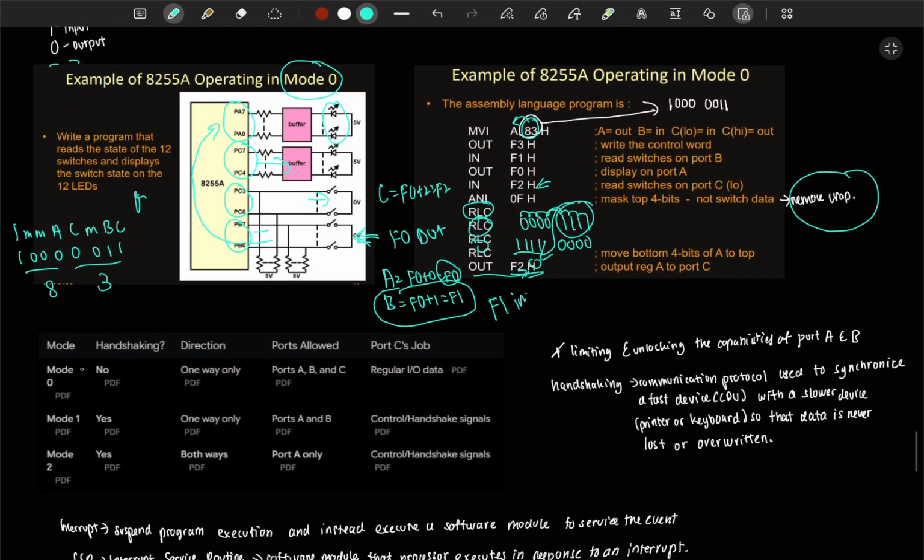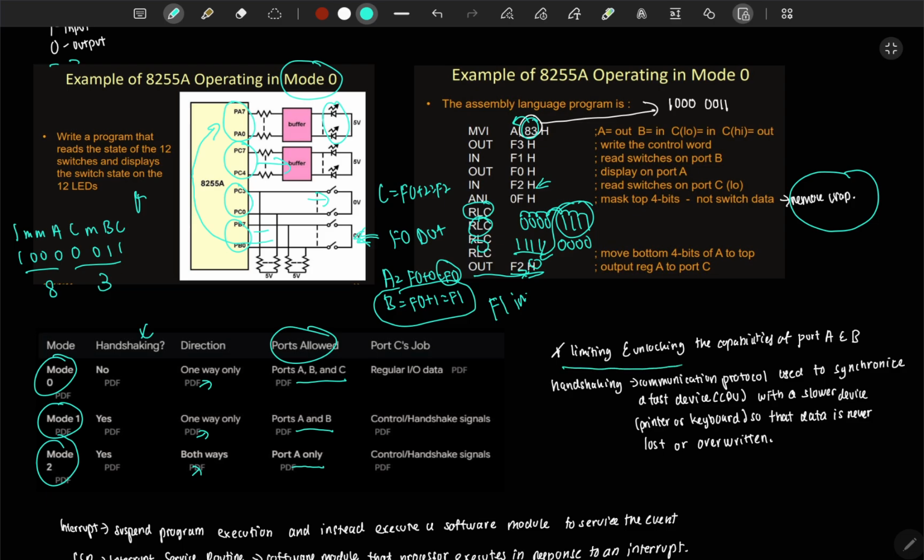Now, what is the difference between mode 0, mode 1 and mode 2? Mode 0 doesn't have handshaking, but mode 1 and mode 2 have. As for direction, mode 0 is only one way, mode 1 is one way, mode 2 is two way. Now the ports allowed: mode 0 has every port allowed, mode 1 only A and B, and mode 2 only has port A. Now why is this important?